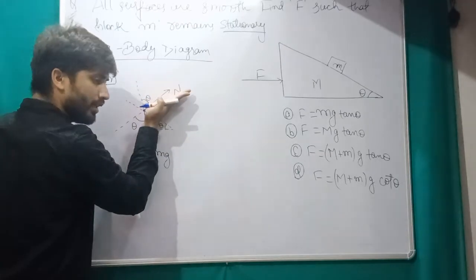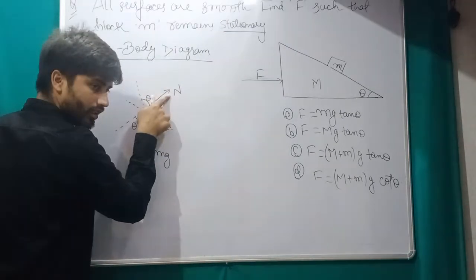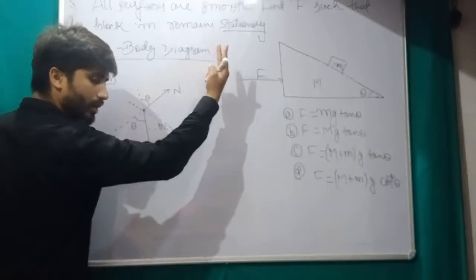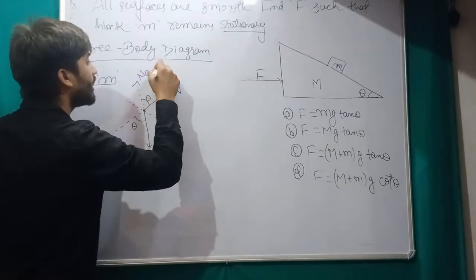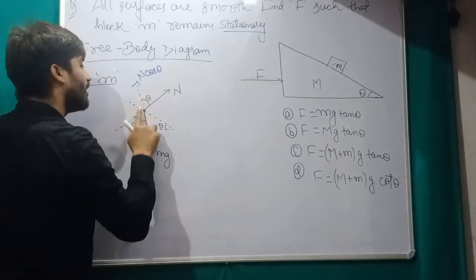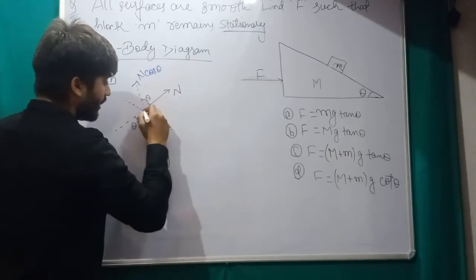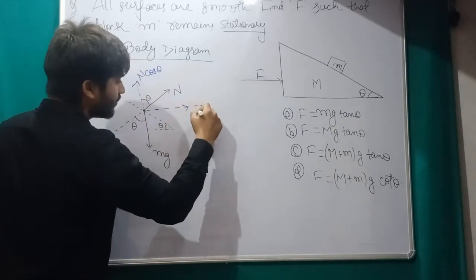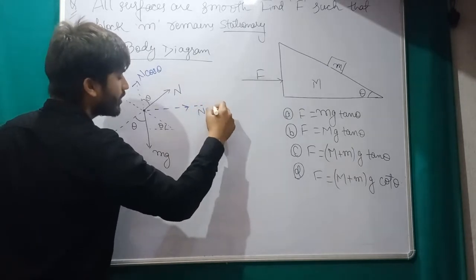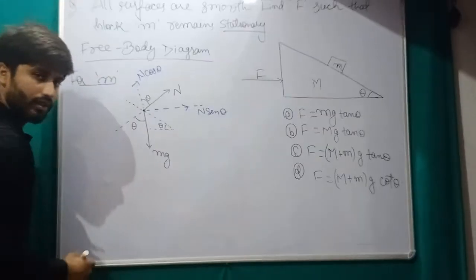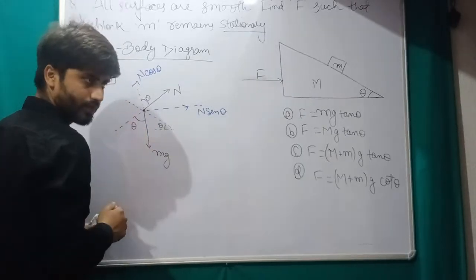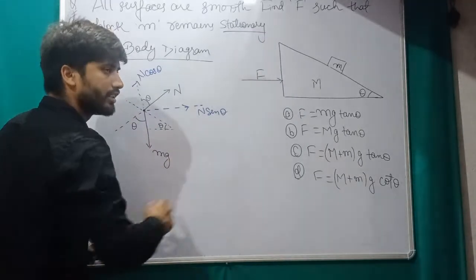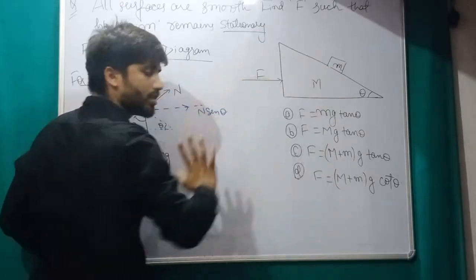So the normal reaction will split into two components: N cos theta in the vertical direction, and N sin theta in the horizontal direction. Done. Any other forces acting on this small mass? No.